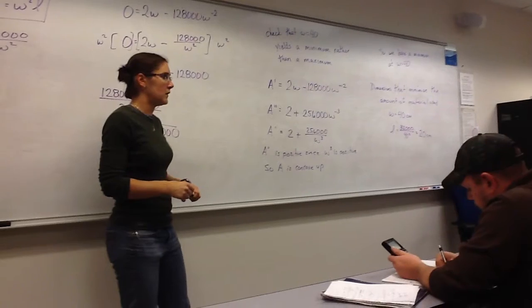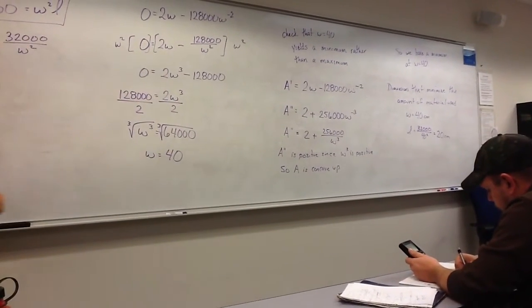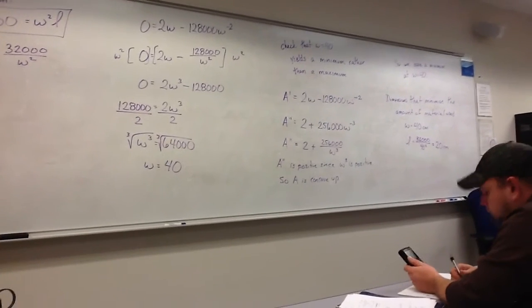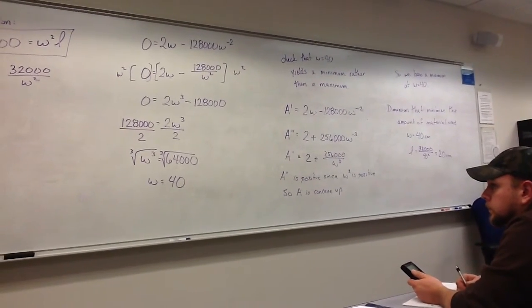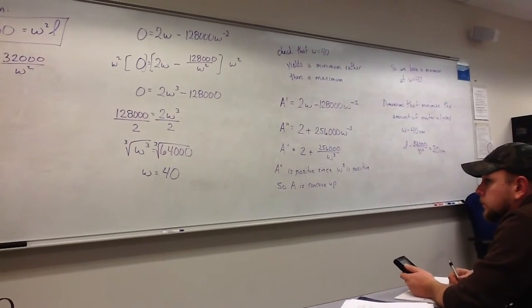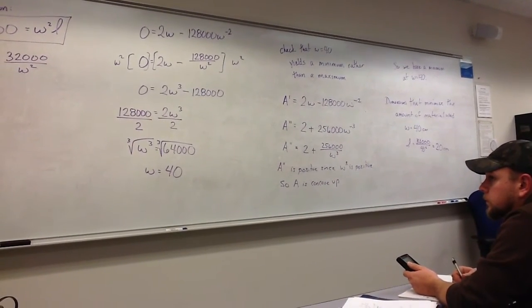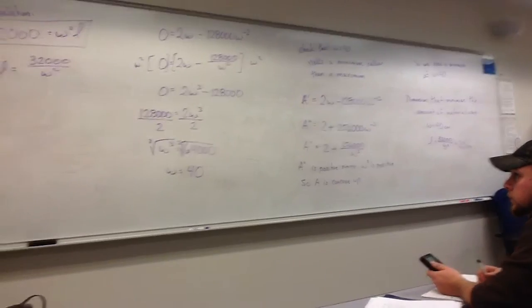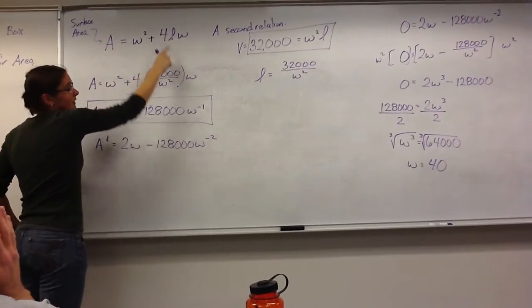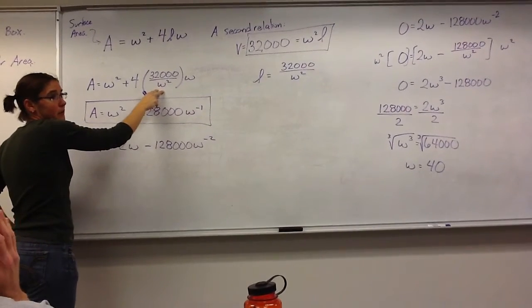I was wondering if you'd be able to do an example where you don't have a polynomial equation, because just look at the W squared. Well, this is not a W squared, this is W to the negative first. The first one is, that's 128,000. This is W squared, but once we account for the L, it becomes not polynomial anymore.